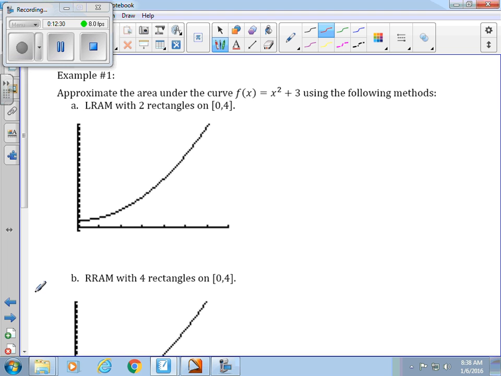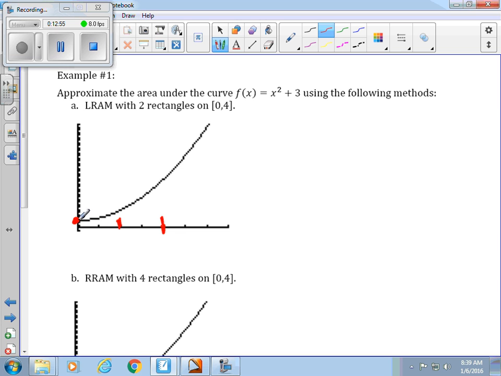Probably not. So I'm going from 0 to 4. So I'm going here, and I'm doing 2 rectangles. How wide does that mean each rectangle is? 2 units. So I have a rectangle that stops here and a rectangle that stops here. I am basing my height on the left-hand endpoint of that rectangle.